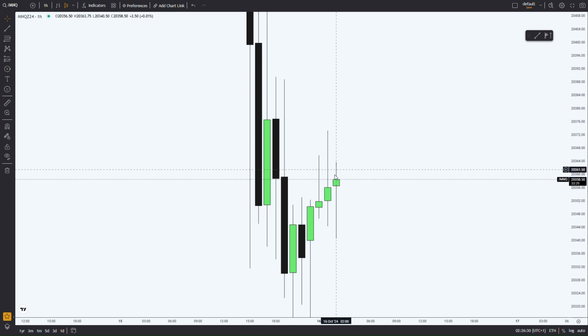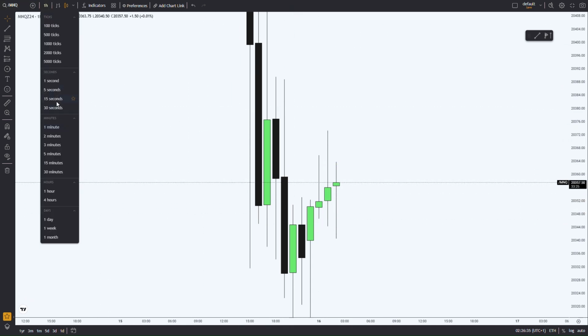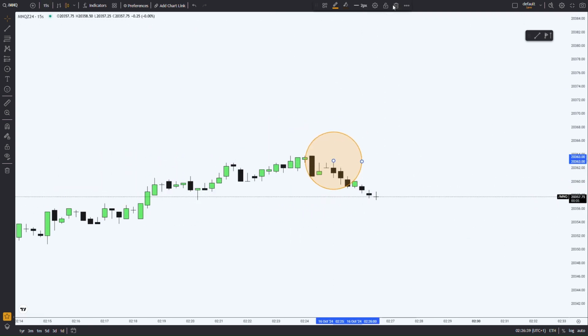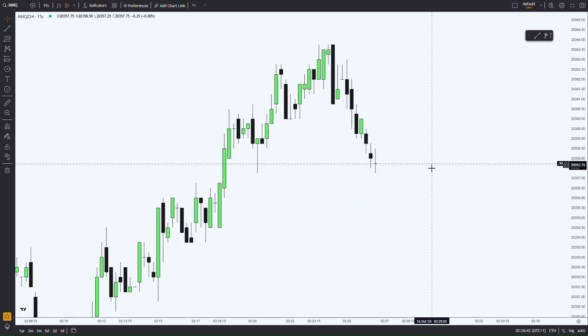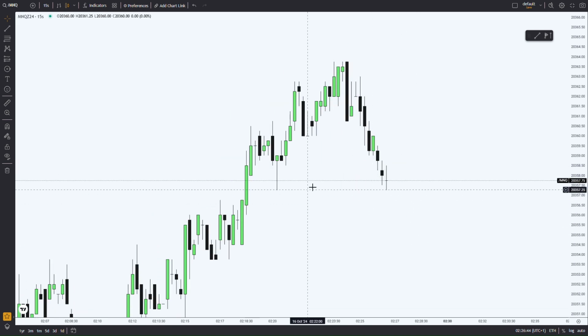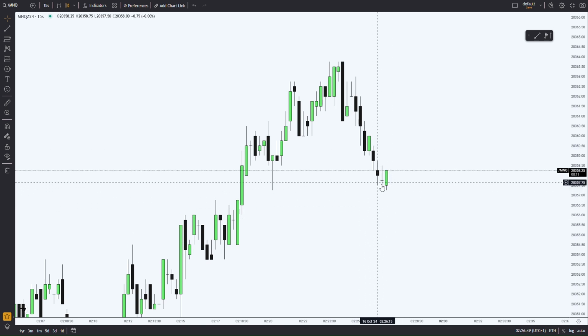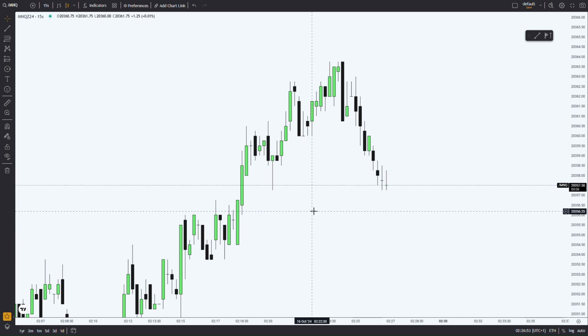The 1 day candle is even slower than this. And for example, if we go to the 15-second candle, price is faster. At this time, price doesn't move much. At some other time, price can go up so fast, like this.